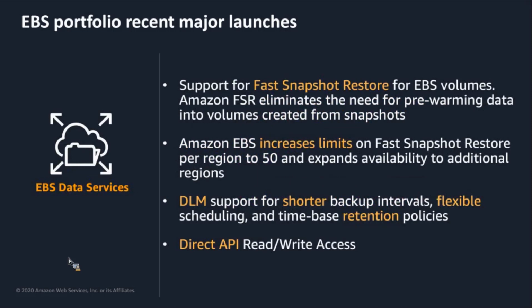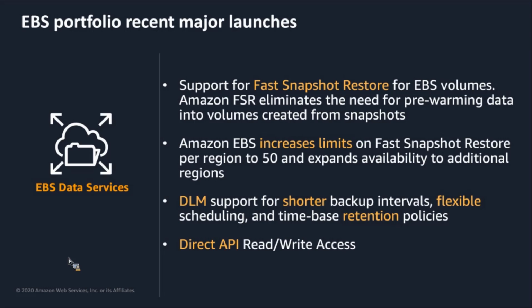Data services, we will dive deep into FSR or Fast Snapshot Restore, which eliminates pre-warming requirements, or the need for some of you who cannot wait for the lazy loading of the data bytes from S3 into the EBS volume to run your own manual scripts.